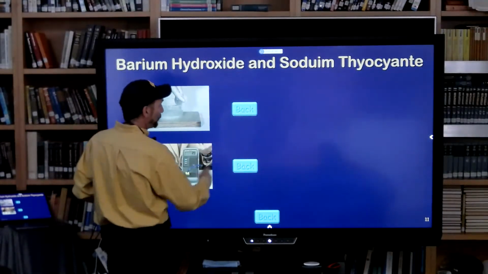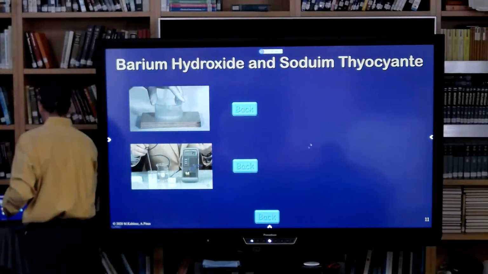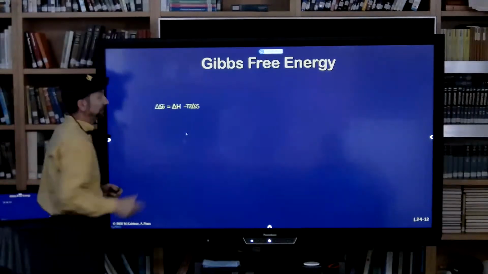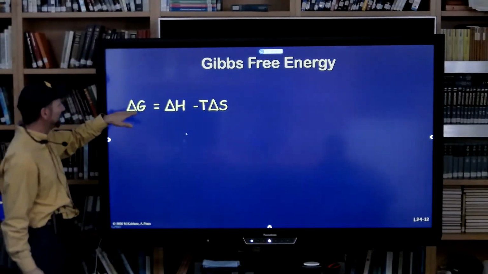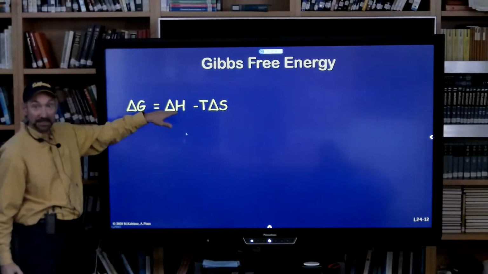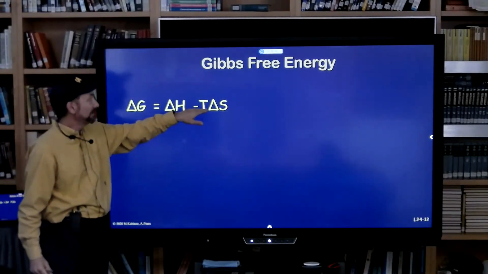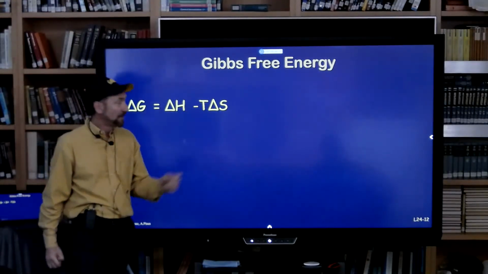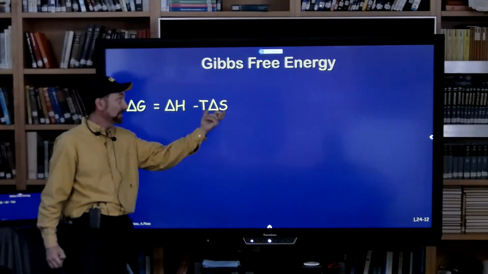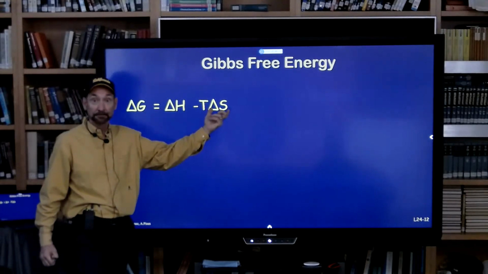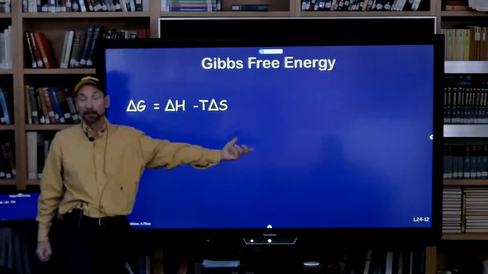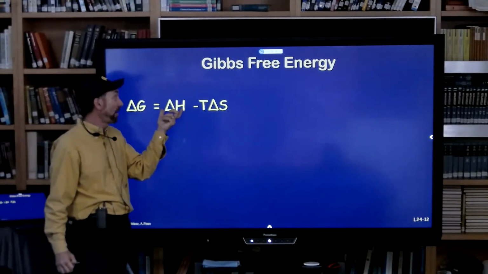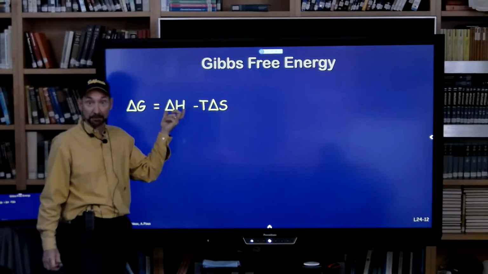So we defined this thing called the Gibbs free energy, and we defined it as delta G is the enthalpy change in the system minus the absolute temperature times the entropy of the system. We found out standard entropies are relatively small, on the order of joules per Kelvin mole, and enthalpies we've already seen are on the order of kilojoules per mole.